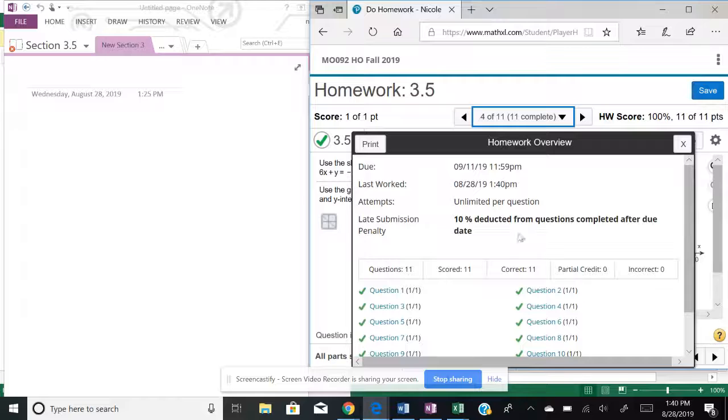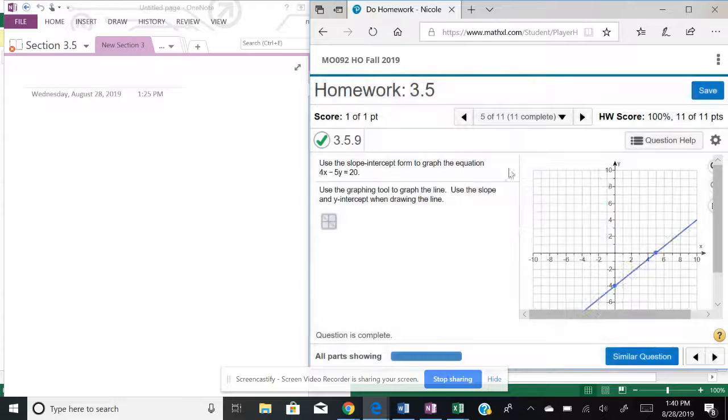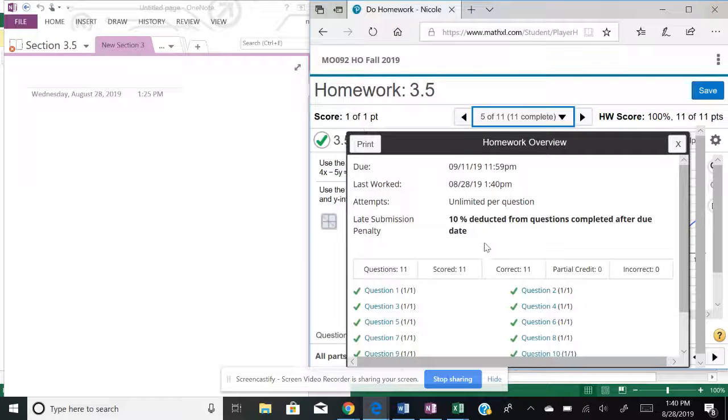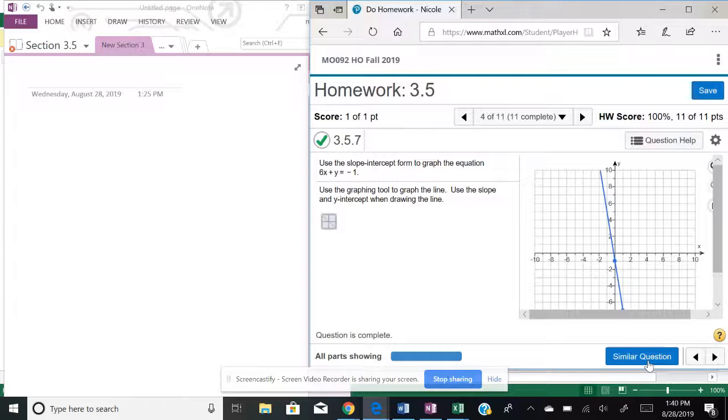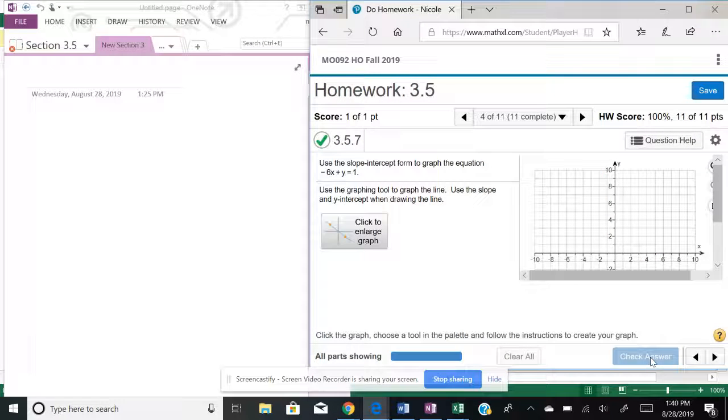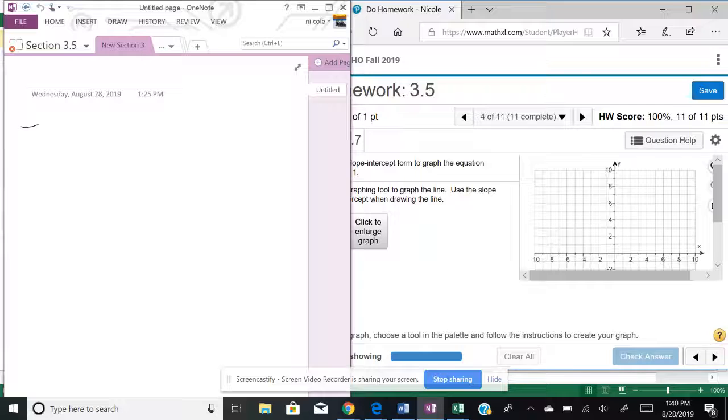All right, next problem. Let's try problem number 4. What if I have this equation? Negative 6x plus y equals 1. Well, in order to graph in slope-intercept form, I'm going to have to copy negative 6x plus y equals 1 and put it in slope-intercept form.